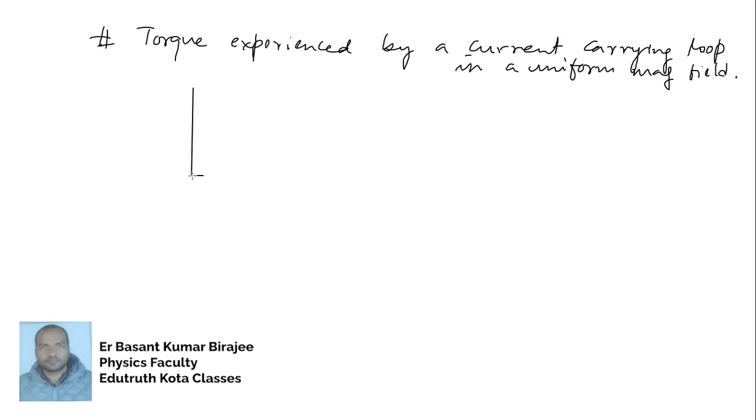This is the z-axis, this is the y-axis, and this one is your x-axis. Actually, this is the positive z-axis, this one is the positive y-axis, and this one is the positive x-axis. And we have a current carrying loop here.